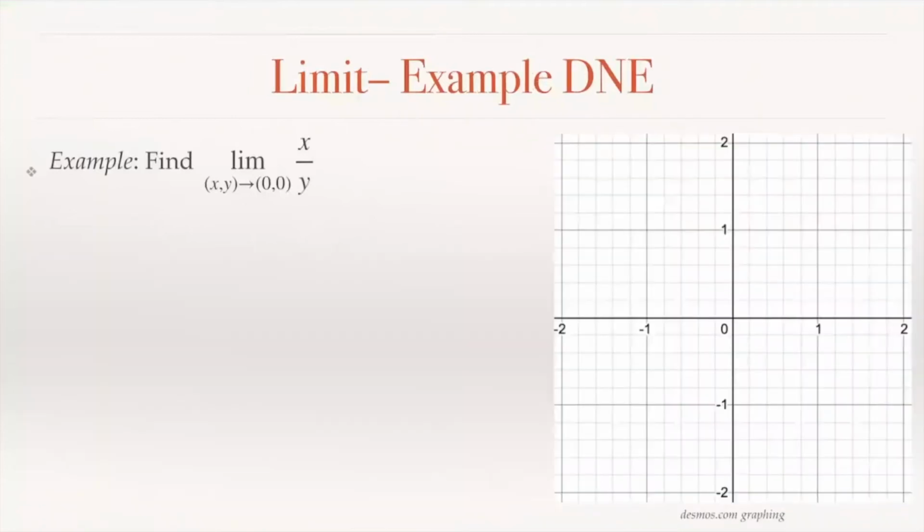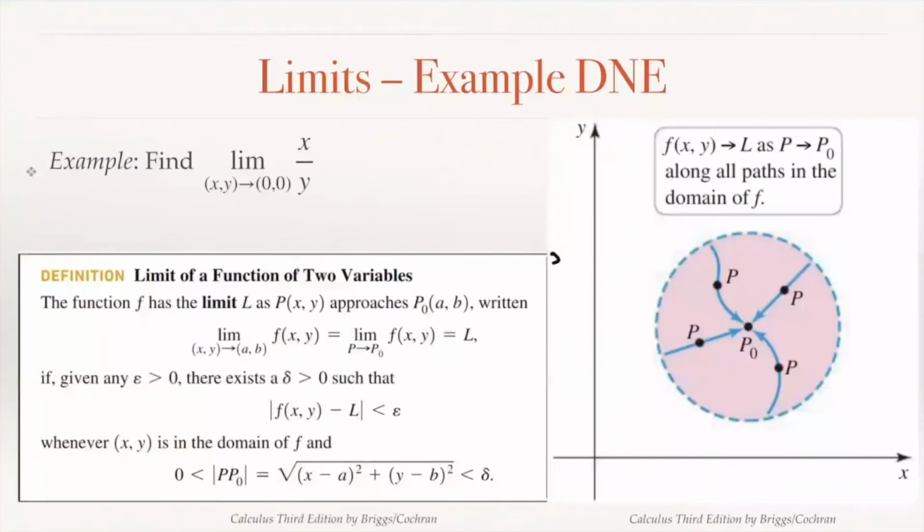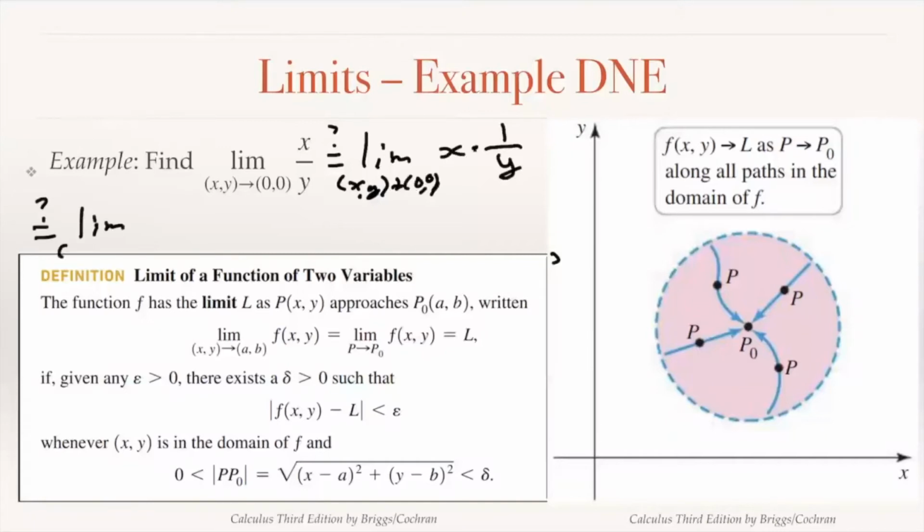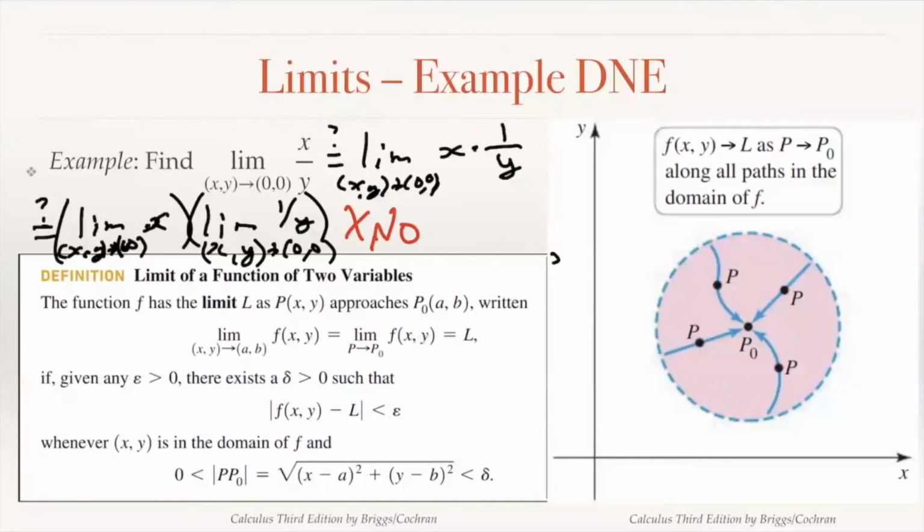So first, can we write this as the limit as (x,y) approaches (0,0) of x times 1 over y, and then write that as the limit of x times the limit as (x,y) approaches (0,0) of 1 over y? No. Why not? That is because this limit is undefined, does not exist.